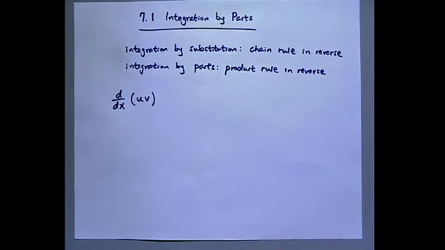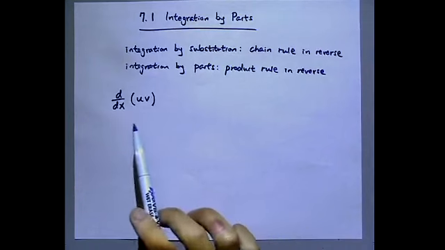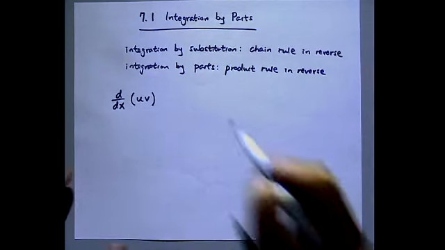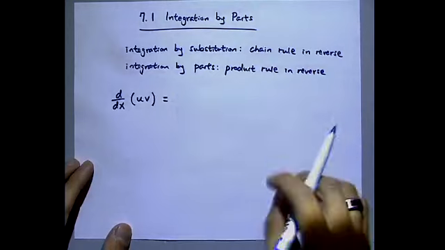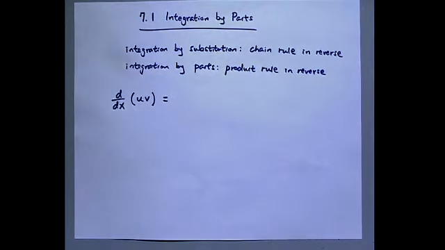I hope you remember the product rule. If I want to take the derivative of a product of two functions, say u times v, how does it go? How does it go?